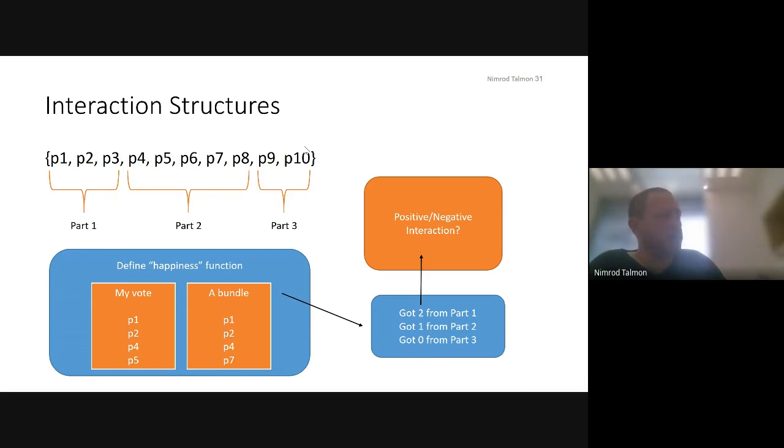This function takes into account not just the number of projects that get funded, but from which part they get funded, and how many projects from each part. And this could be not linear in the number of projects. And this really can capture at least a simple variant of connection between projects.